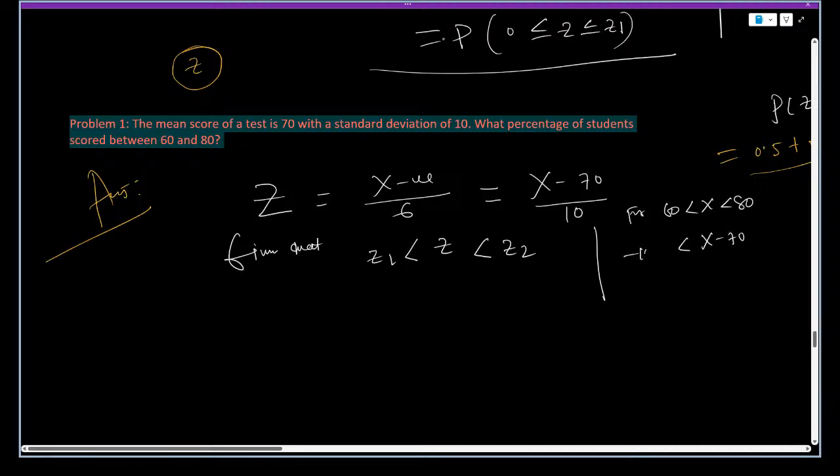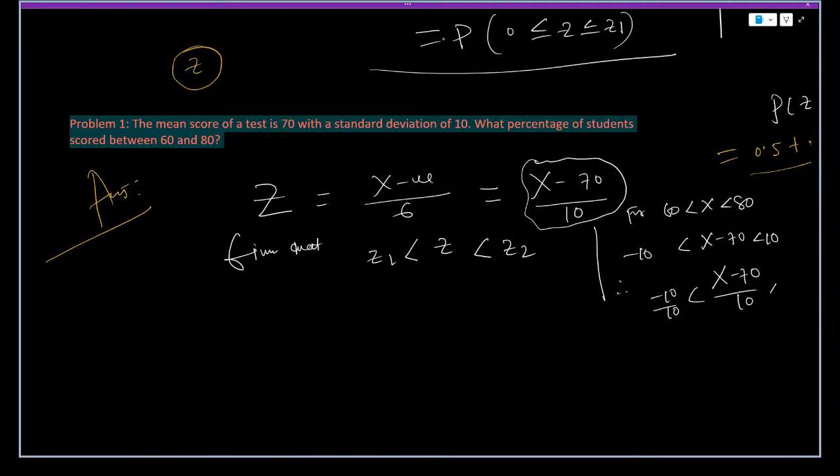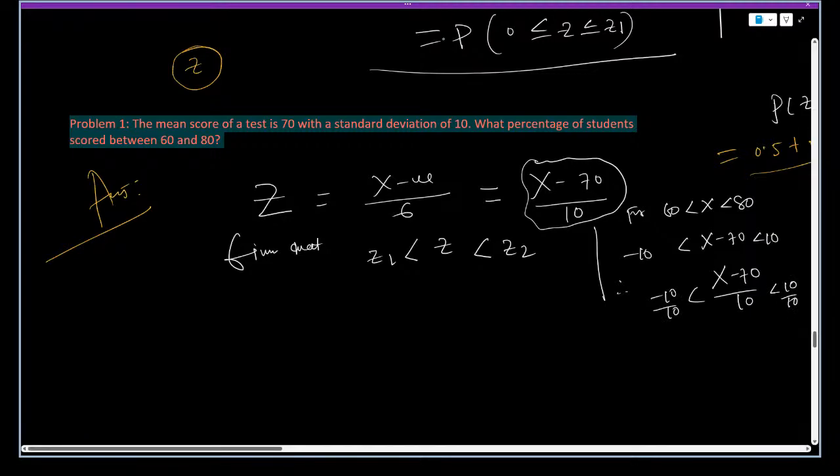This is greater than -10 and less than 10. So (x - 70)/10 is greater than -10/10 and less than 10/10. This is Z: Z greater than -1 and less than 1.